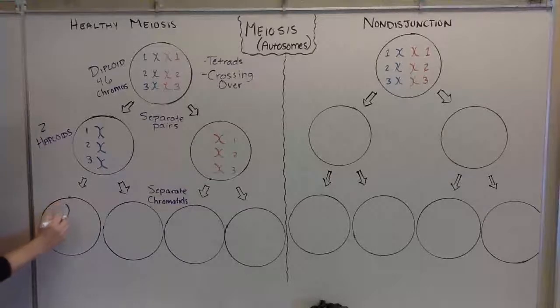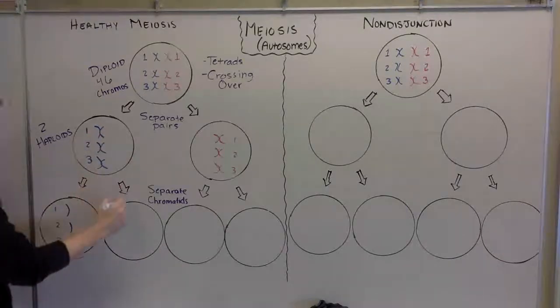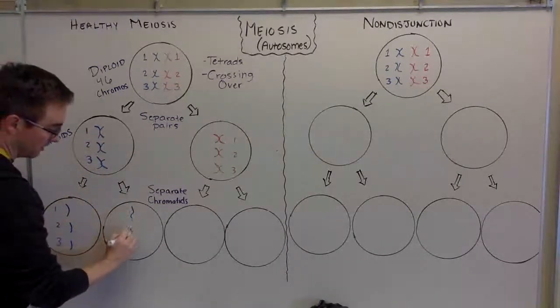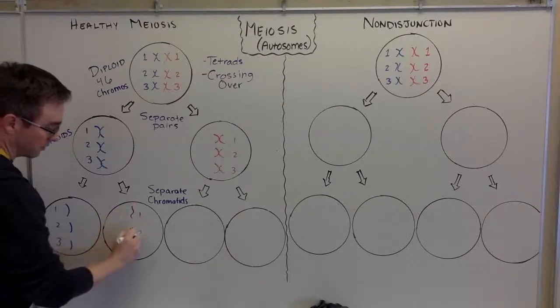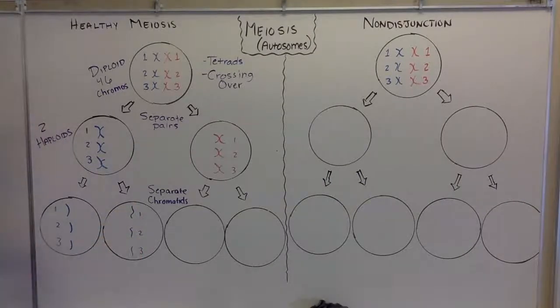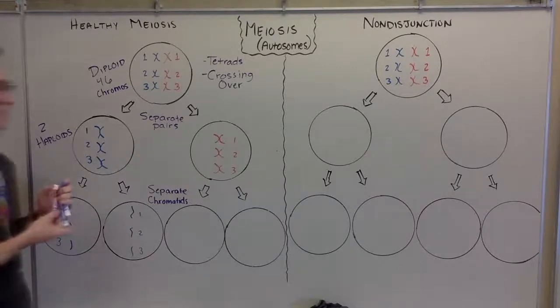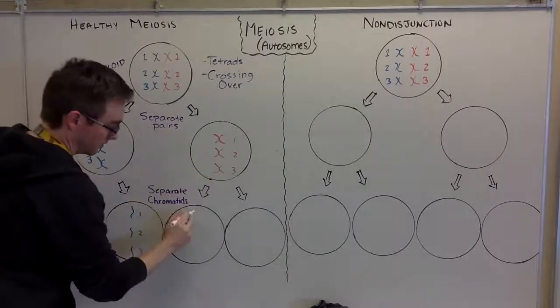So we get one chromatid here, here, here for the number 1, 2, 3, and then we have the other side here. Here's the DNA for number 1, number 2, number 3. We would do the same thing with this one over here.